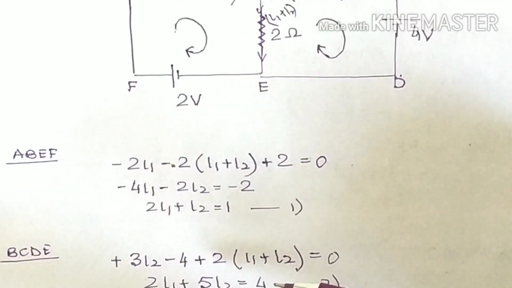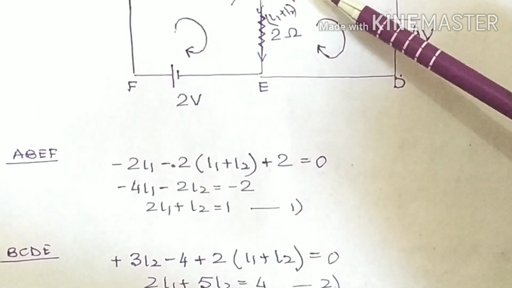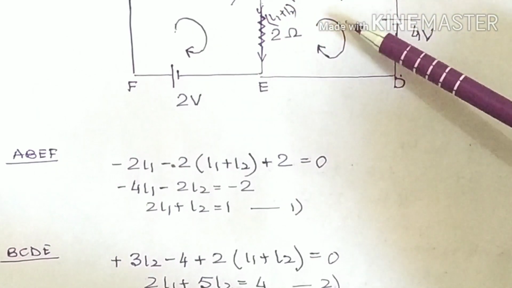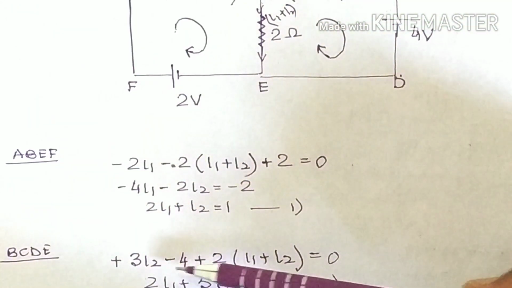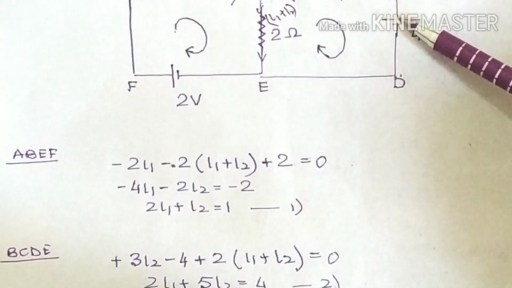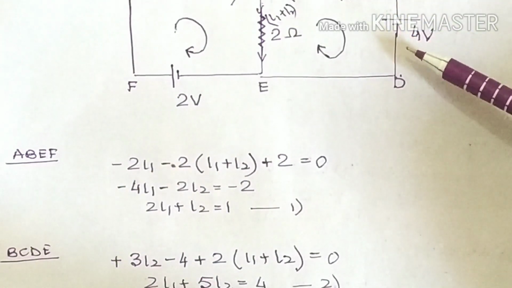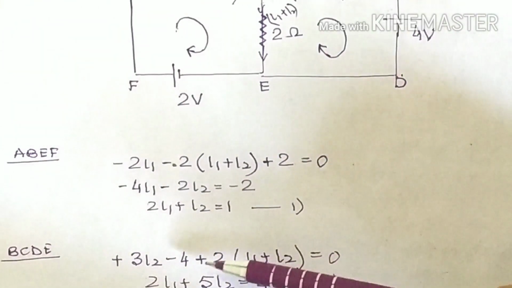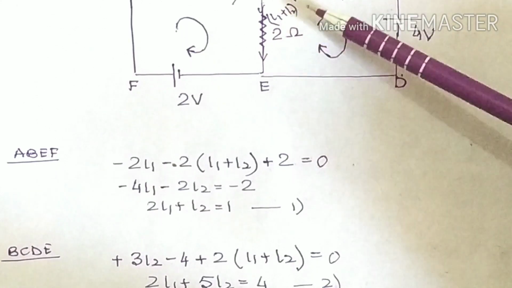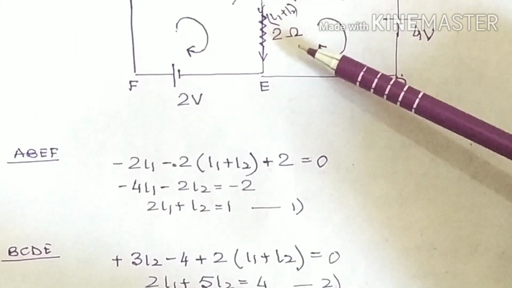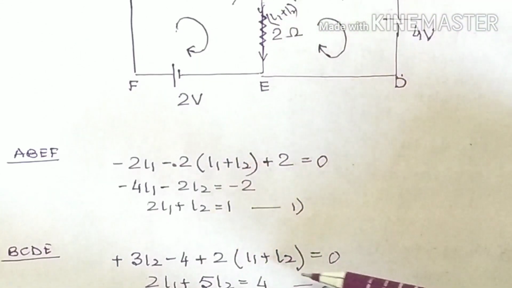See this equation. Opposite direction of current as per your motion, plus 3I2. Here you are moving from positive to negative, EMF will decrease, minus 4 volt. Here current and the direction of your motion are opposite, so potential will increase, plus 2(I1 plus I2).